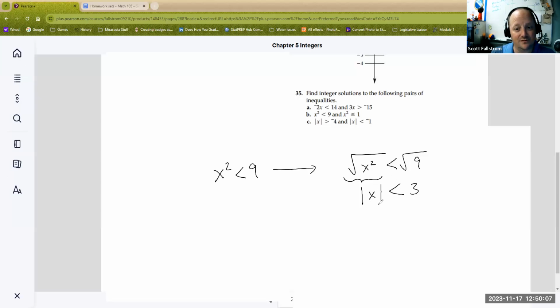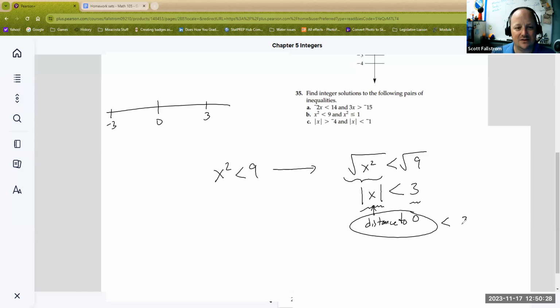And when you have the absolute value, that is the distance to 0, as we talked about. So if you were sitting here, here's 0, and you want the distance to 0 to be less than 3, you could say, well, here's 3, and there's negative 3. Then I need all of this.